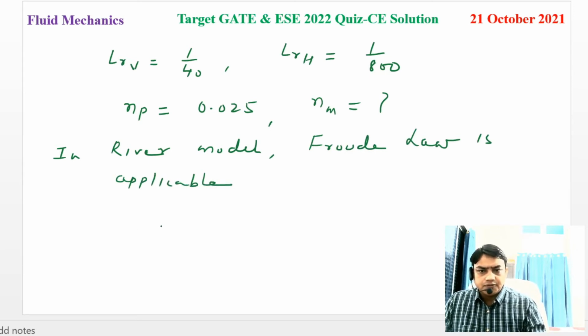So according to Froude law, VR, the velocity ratio, is the square root of LRV.